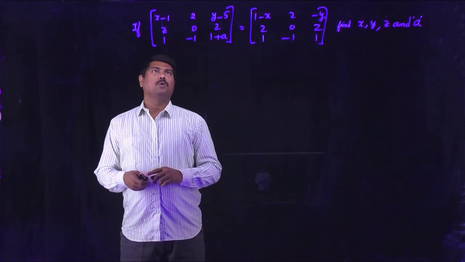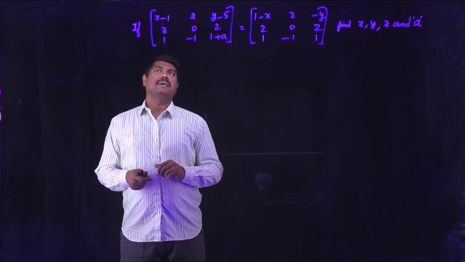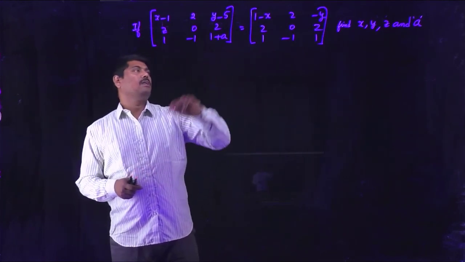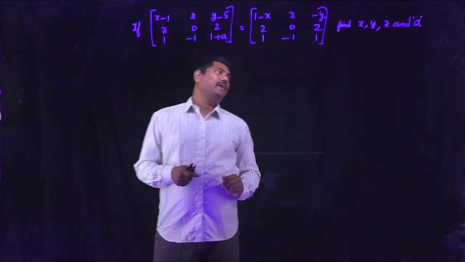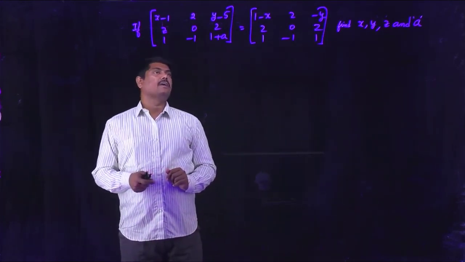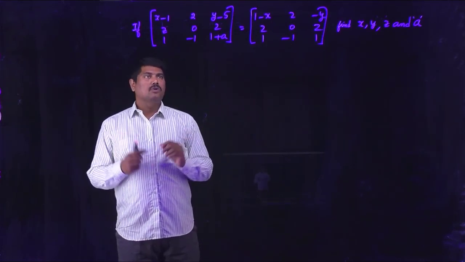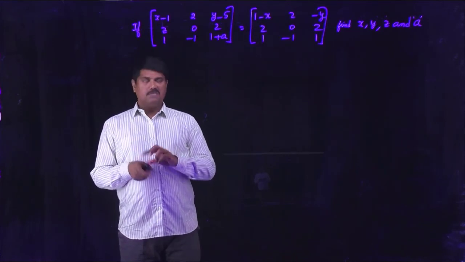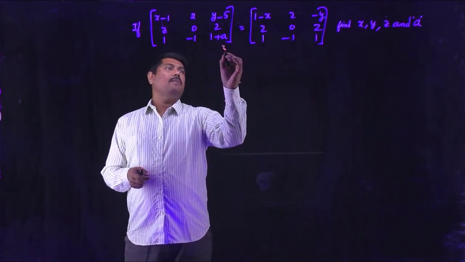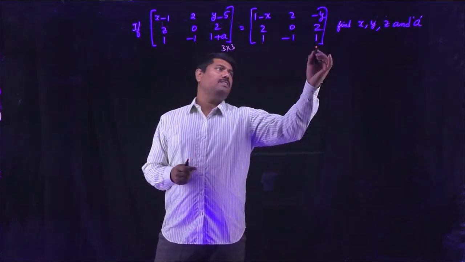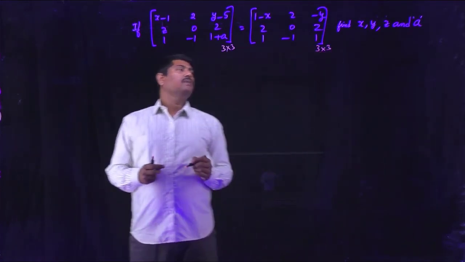Now observe one more problem. The question is like this. Two matrices are given, both are equal, and we have to find x, y, z and a. By the concept of equality of matrices, equality is possible for matrices of the same order. This is 3 by 3 order, and this is 3 by 3 order.